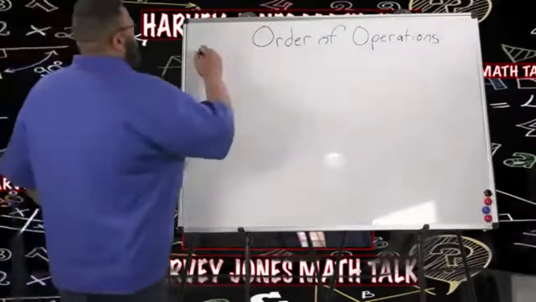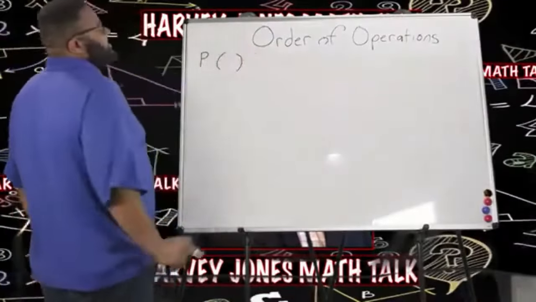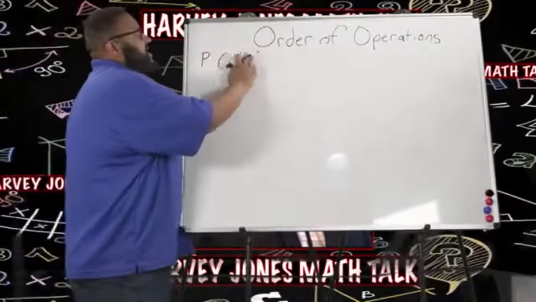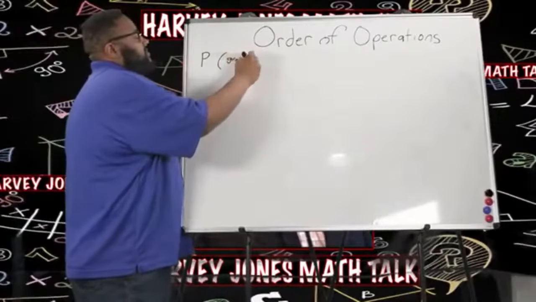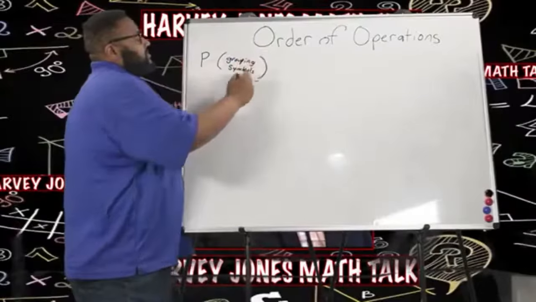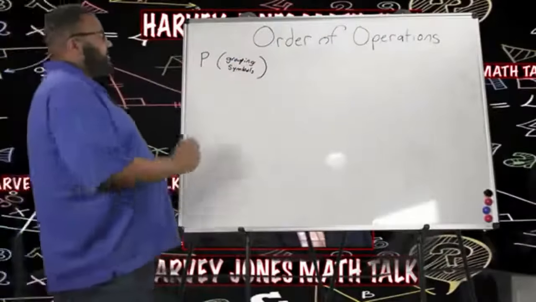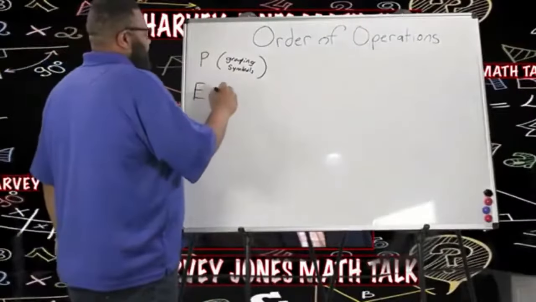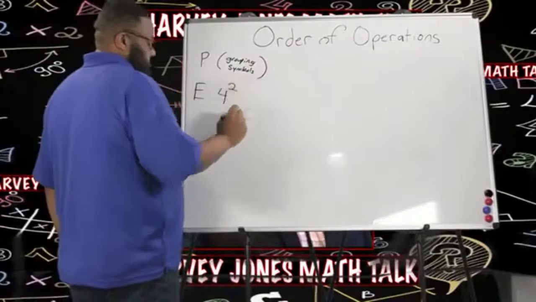The first thing we talked about was parentheses. Guess what, folks? It is part of this chain called grouping symbols. You have to do those first. Second will be this thing we call exponents, and that'll be 4 to the second power.